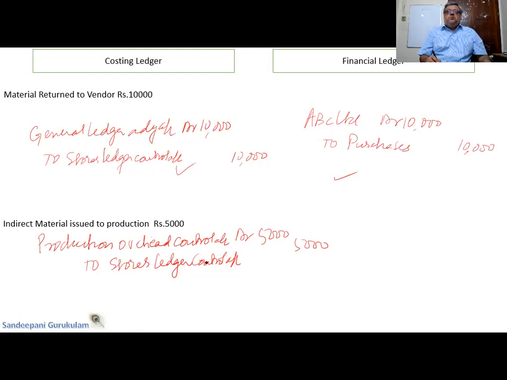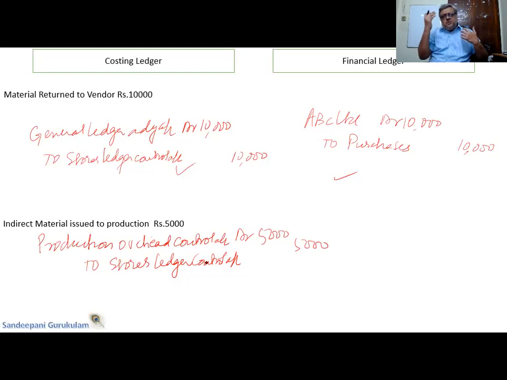Only when you encounter a personal account or a real account is it substituted by general ledger adjustment account for completing the double entry in your costing ledger. It's very simple. When you see an entry, your subconscious mind will put the entry as per the financial books.